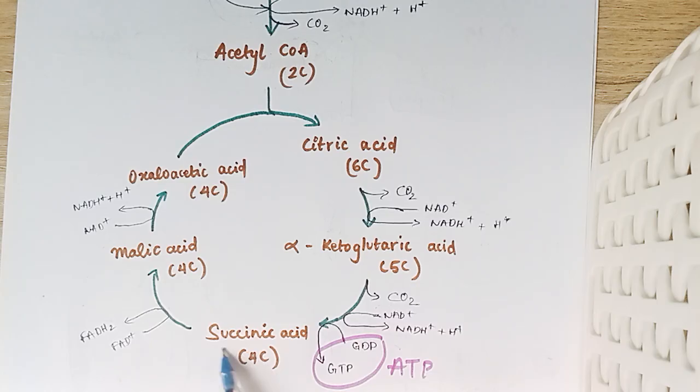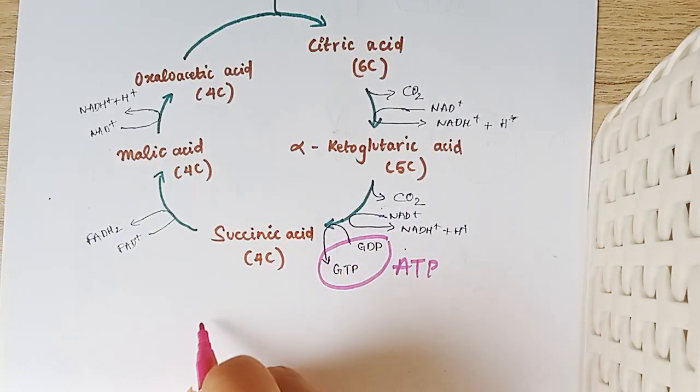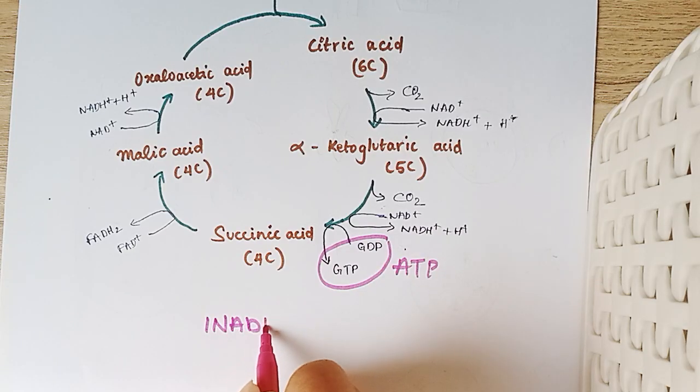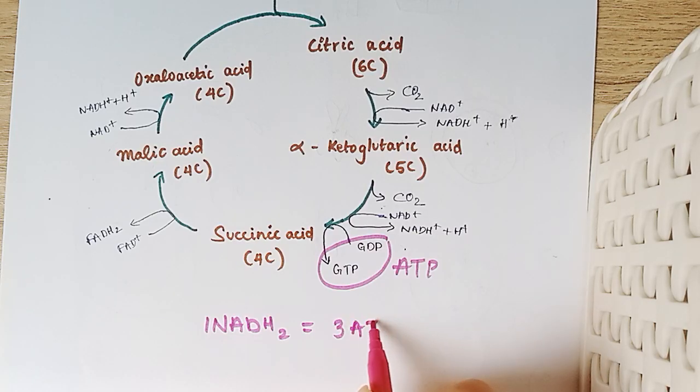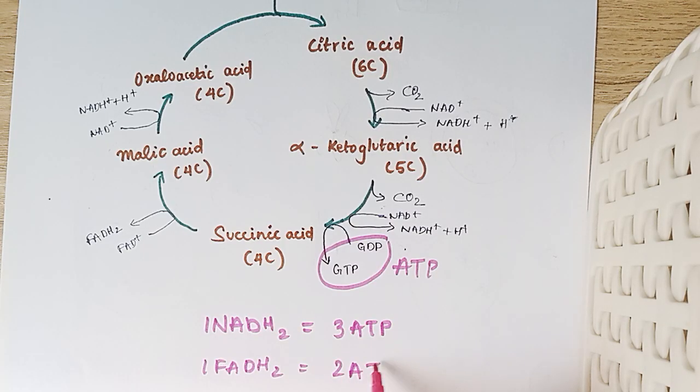After that, succinic acid was converted to malic acid. It was isomerized, so we used FAD plus to convert it into FADH2. Then malic acid changed to oxaloacetic acid, and NADH plus was formed. And then another thing that you need to keep in mind is that 1 NADH2 gives us 3 ATP and 1 FADH2 gives us 2 ATP.